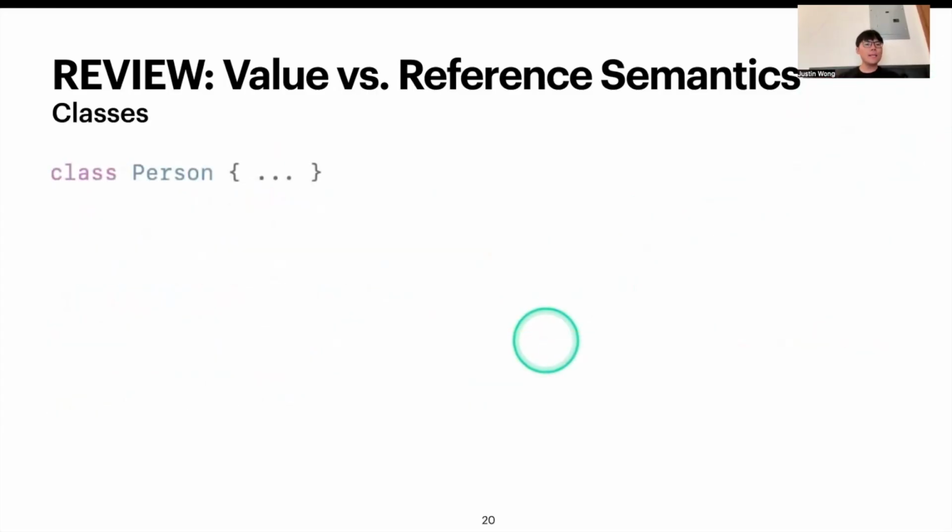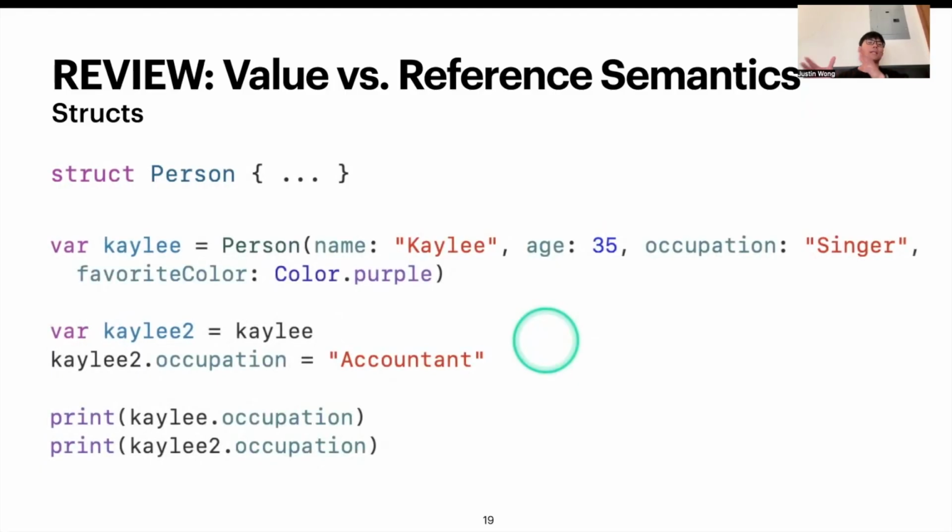Because structs conform to value type semantics, whenever you assign a variable to a new variable, it copies the data. So the Kaylee instance gets copied to Kaylee2. There are now two separate instances, and when we do this, we're only modifying the occupation on the new copy that we created.